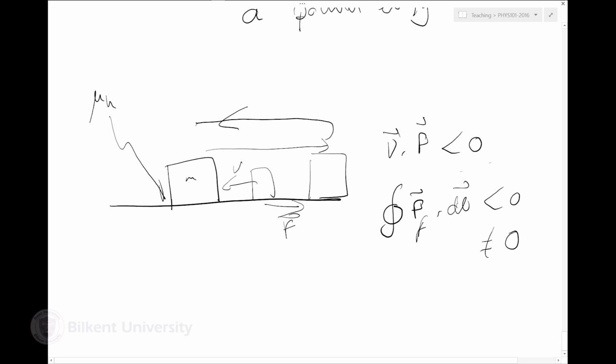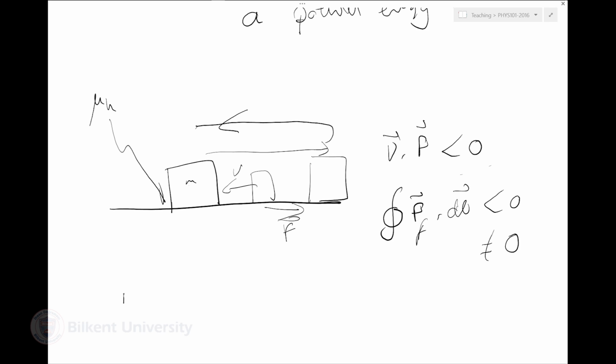Some energy is lost into sound, some of my mechanical energy. For such a force, friction is path dependent, which means it is a force for which no potential can be defined.